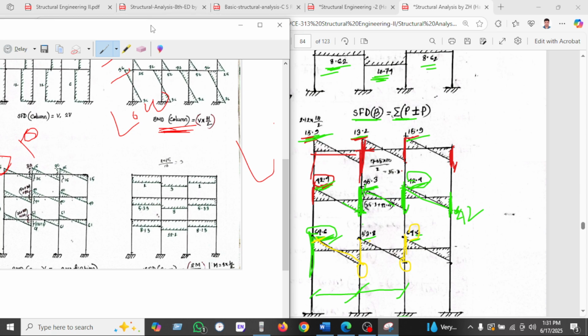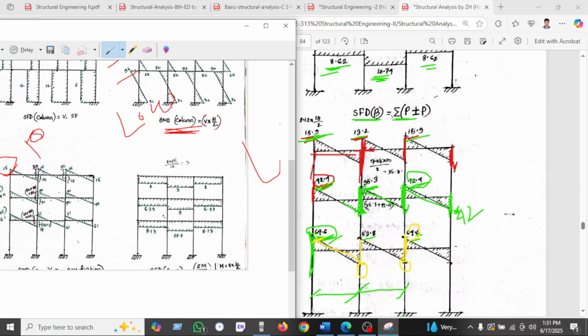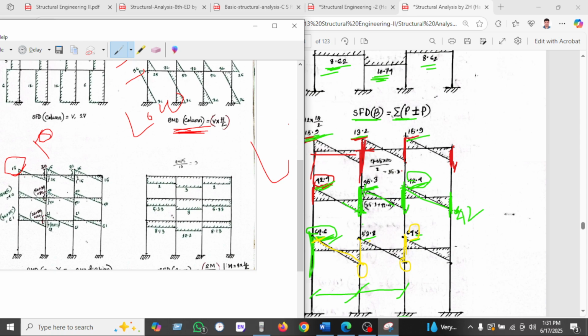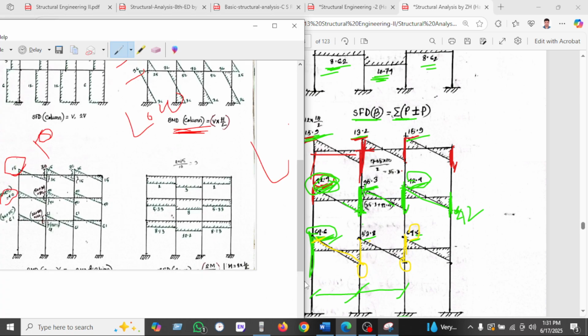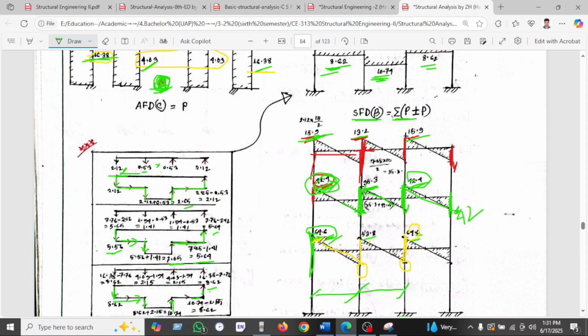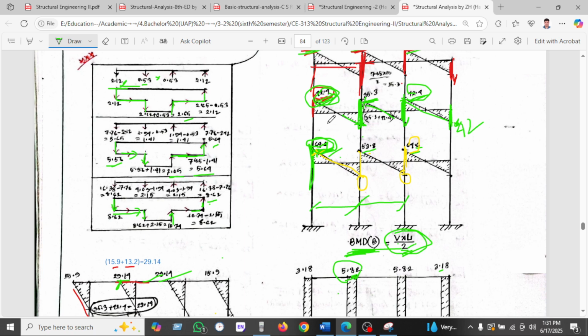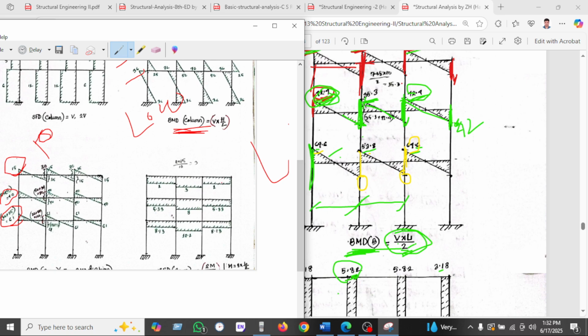And the second one, we found 40 in the portal method. In the cantilever method we found 42.4. In the portal method we found 60 on the ground floor, and in the cantilever method we found 64.6. So we can see the bending moment in the cantilever method is much higher than in the portal method.